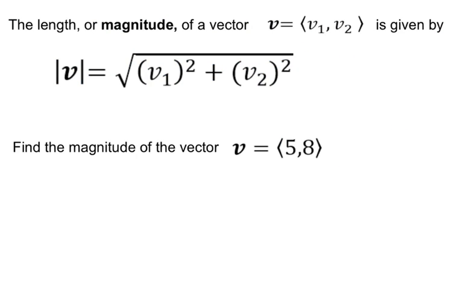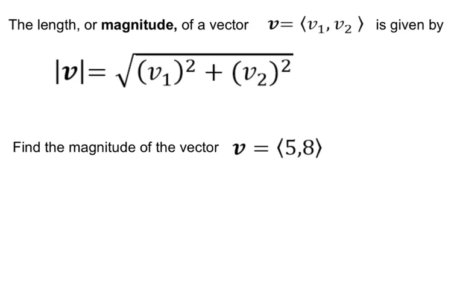I have one more definition I'd like for us to talk about, or to essentially restate, because we've already talked about this concept. But with vectors, we refer to that length as the magnitude. So the magnitude, or the length of a vector, if it's given with this component form, so we have a horizontal and a vertical, or an X and a Y component, we don't have to do that difference anymore.